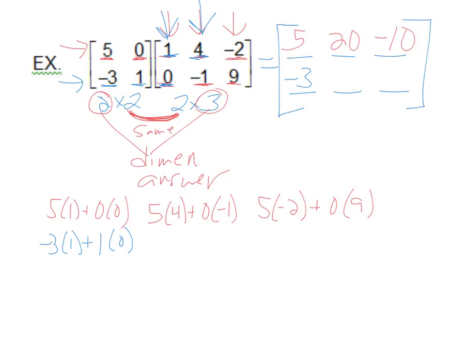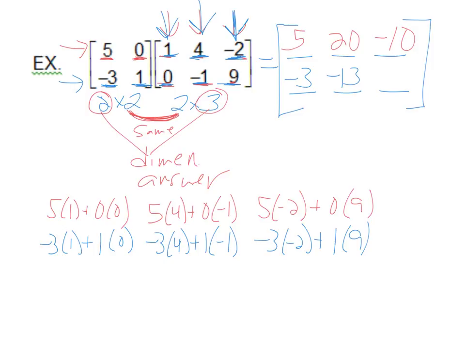Negative 3 times 4 plus 1 times negative 1 is negative 13. And then finally the second row, third column. Negative 3 times negative 2 plus 1 times 9 would be 15. And then it's multiplied.